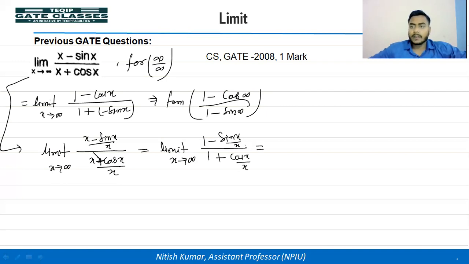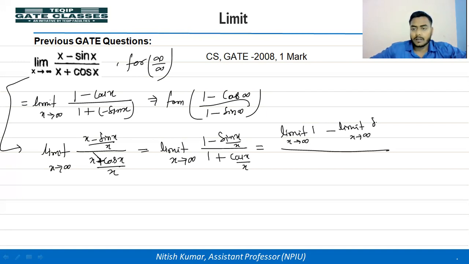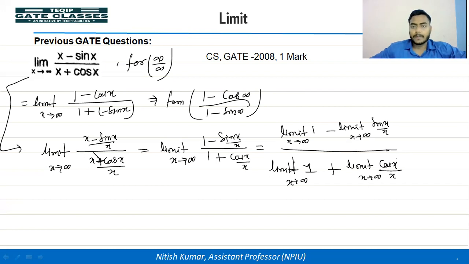Now we can apply the quotient rule. So we can write here limit x goes to infinity 1 minus limit x goes to infinity sine x by x, divided by limit of 1 as x goes to infinity plus limit cos x by x when x goes to infinity, right?